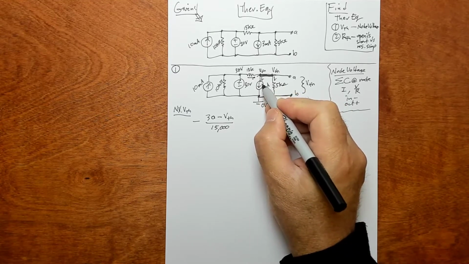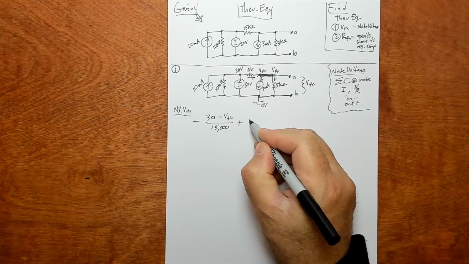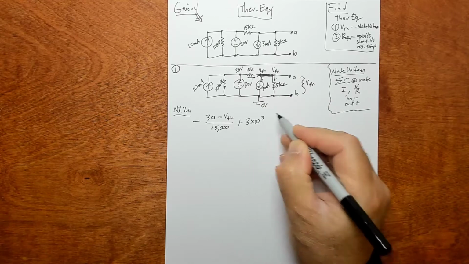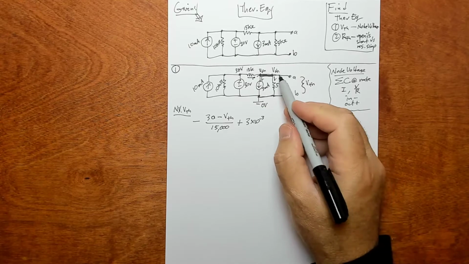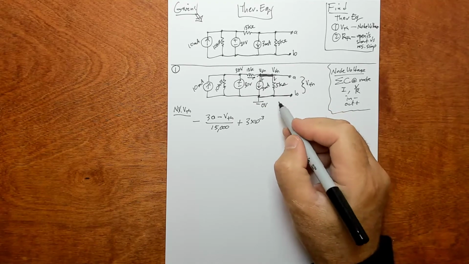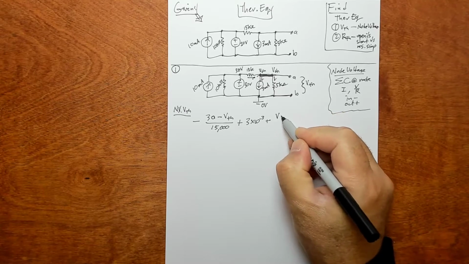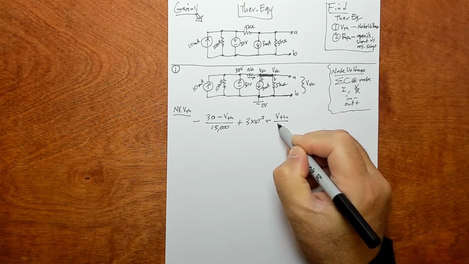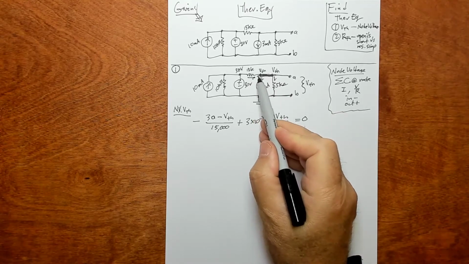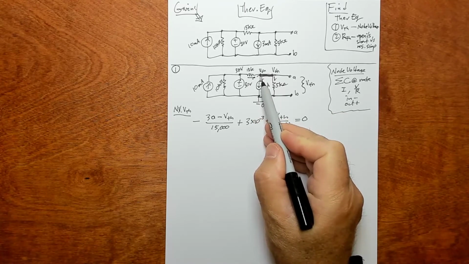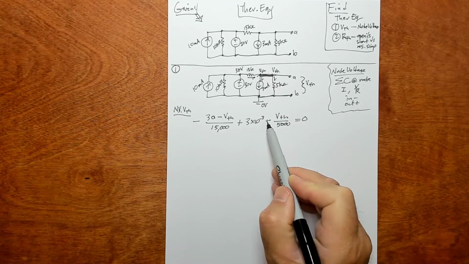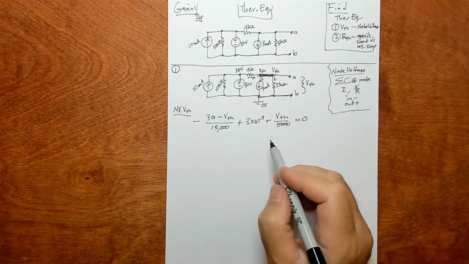Then coming out, I have 3 times 10 to the minus 3, milli. And also coming out, I have V-Thevenin over 5,000. There's the in current, there's the out, there's the out. All right, that's the equation.